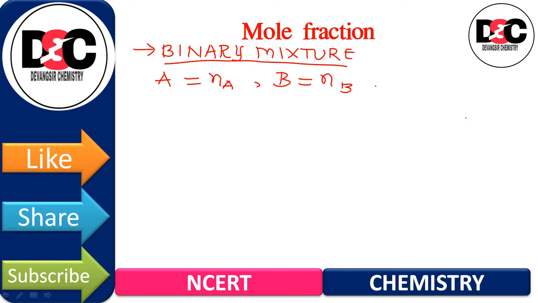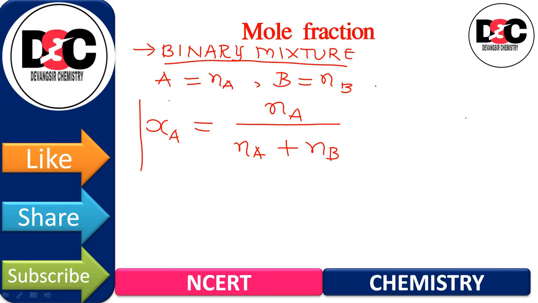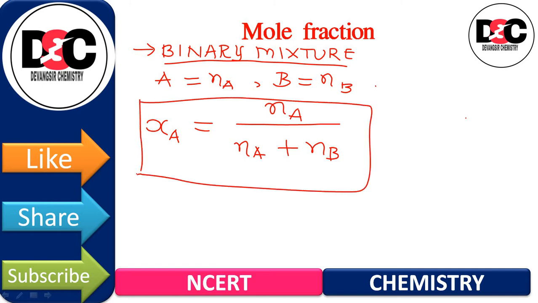Now suppose we have to find the mole fraction of A, that is XA. Mole fraction of component A will be equal to Na upon the total, that is Na plus Nb. So this is the mole fraction of component A.